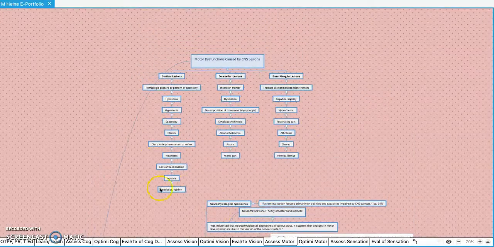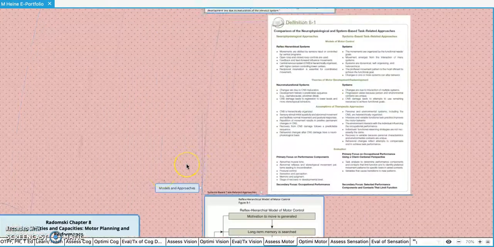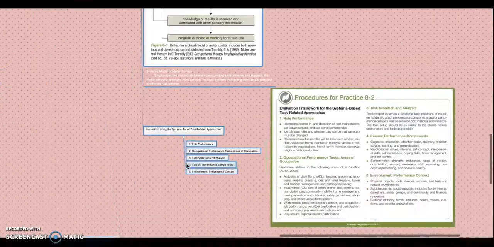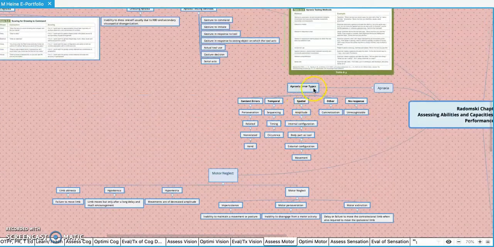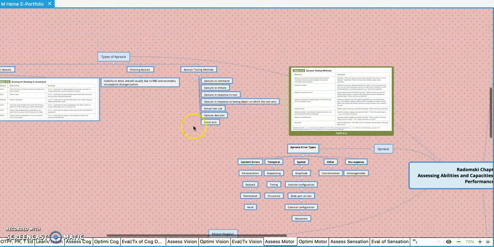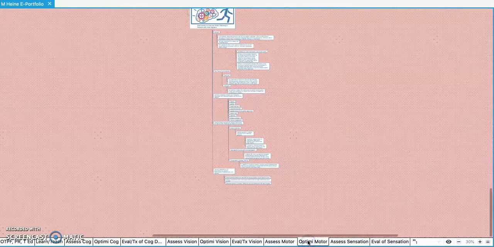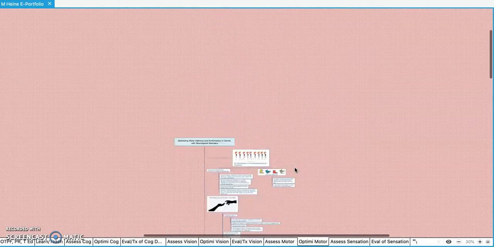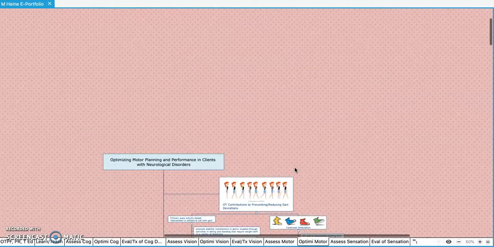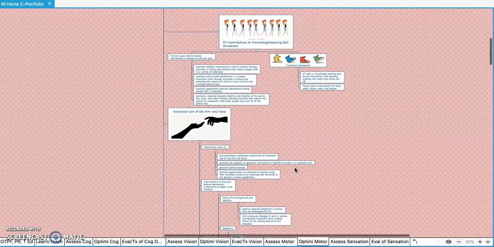This is at the cellular level, and the cortical, cerebellar, and basal ganglia, and our lesions that we learned about in neuro, the different models and approaches, and evaluation, neglect, apraxia, which is very important in your motor planning and the types of apraxia, and then how we optimize motor planning and performance with neurological disorders.